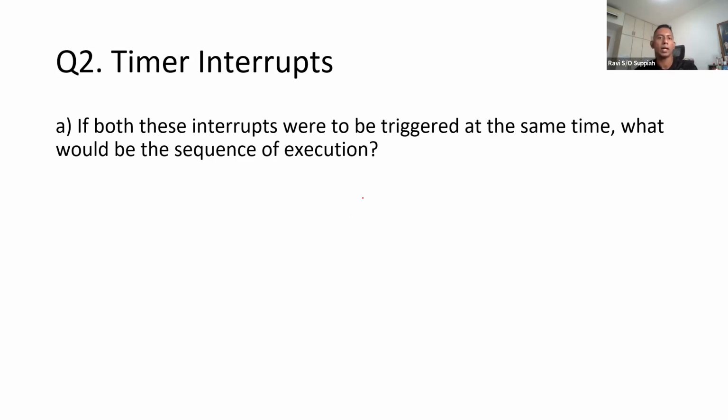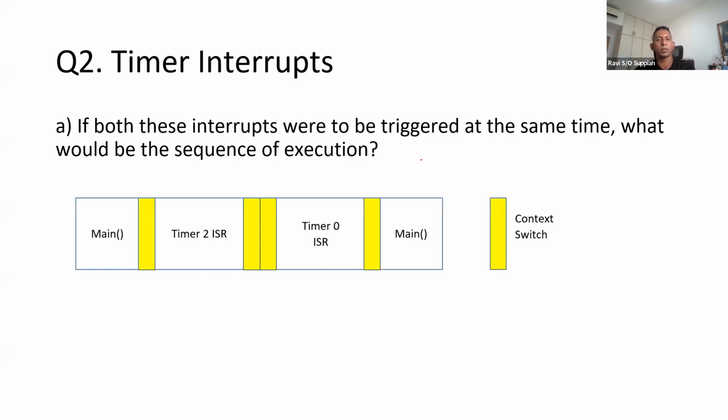So if I use both timer 0 and timer 2, and both of them are going to have interrupts triggered at the same time, what would the sequence be? If currently you're in the main code, the first interrupt that you will service is timer 2, the other one is timer 0.